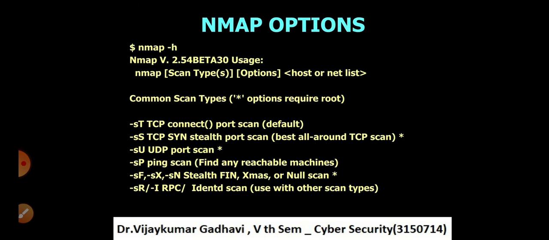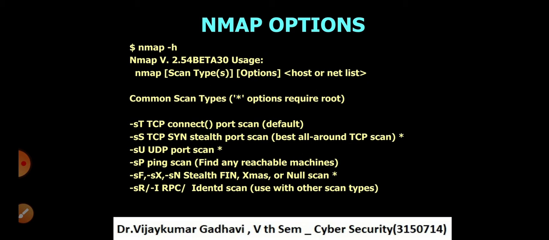NMAP options are there. Here, with $nmap -h, the NMAP version 2.54 beta 30 is used. A scan for a particular host and connected net list. Common scan types, so the options require root.